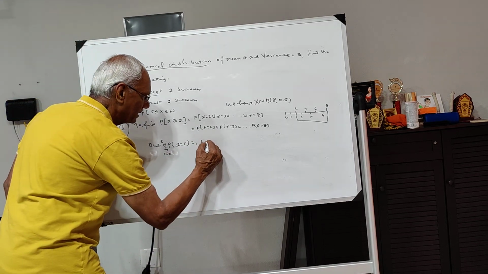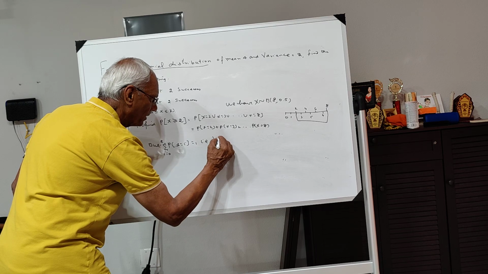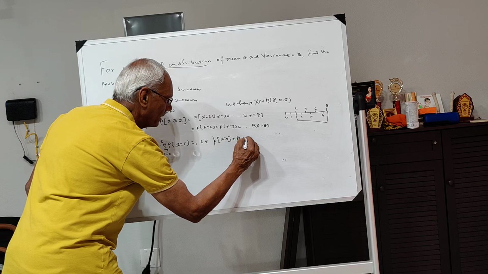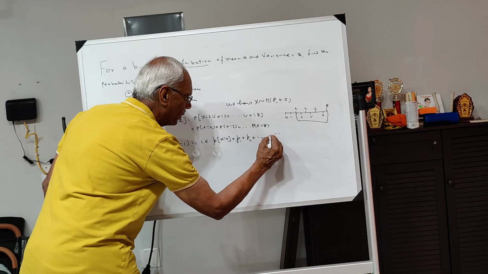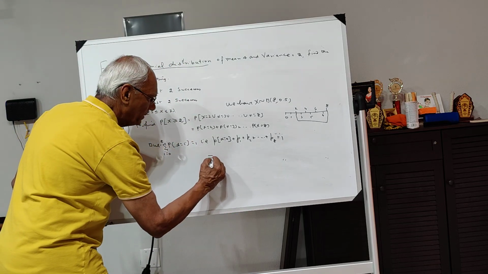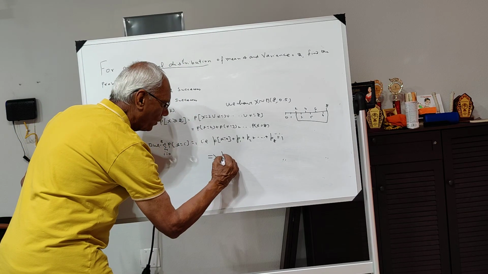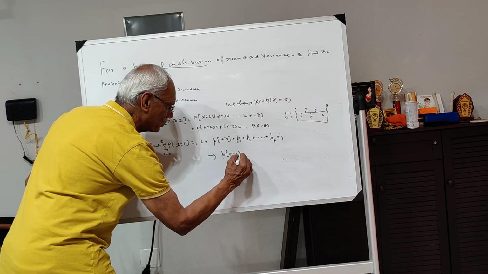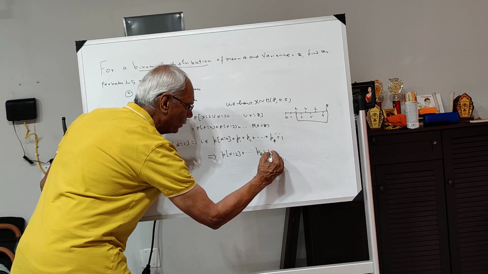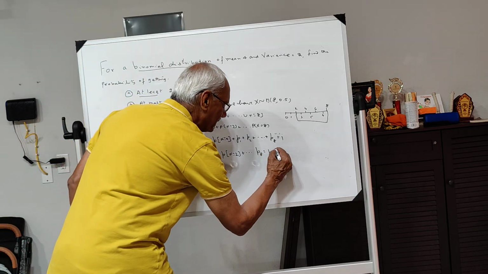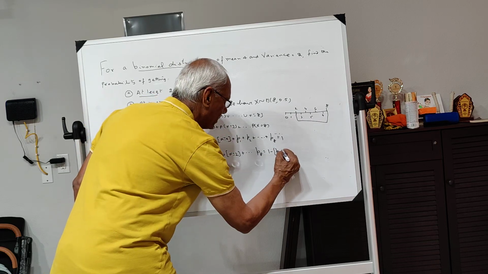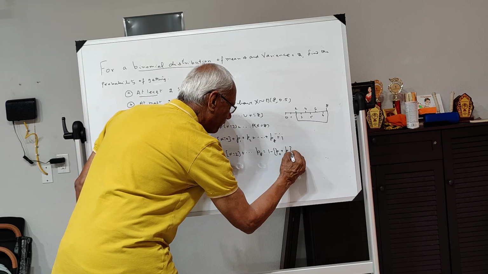That is, P of 0 plus P of 1 plus P of 2 dot dot dot plus P of 8 is equal to 1. So this simply implies that P of x equal to 2 plus dot dot dot P of 8 is equal to 1 minus P of 0 plus P of 1.